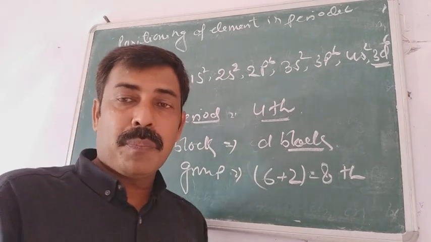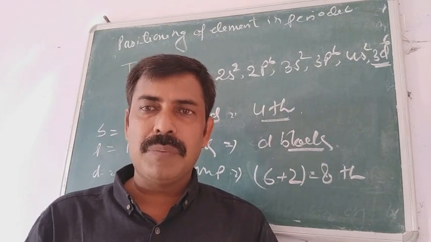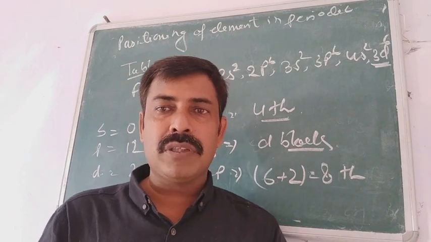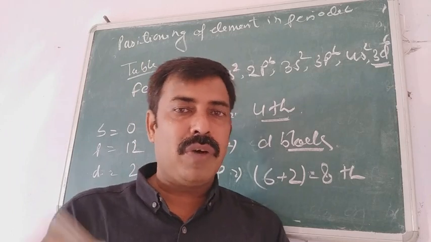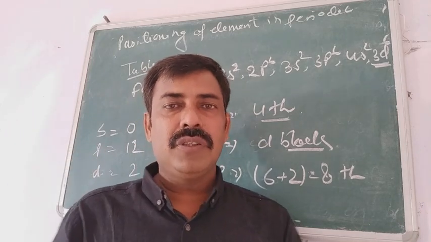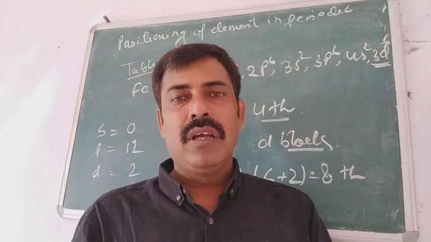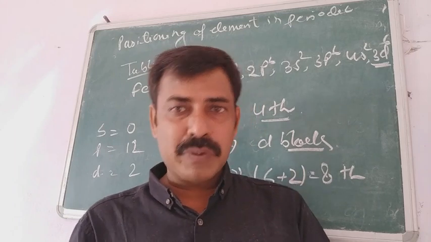When we discuss the position of hydrogen and helium, they do not 100% follow these conditions. Because when you see helium has electronic configuration 1s2, that means it is an s block element, but actually helium is placed with the inert gases due to its specific chemical property. And the same in the case of hydrogen, which has unique, exceptional properties.